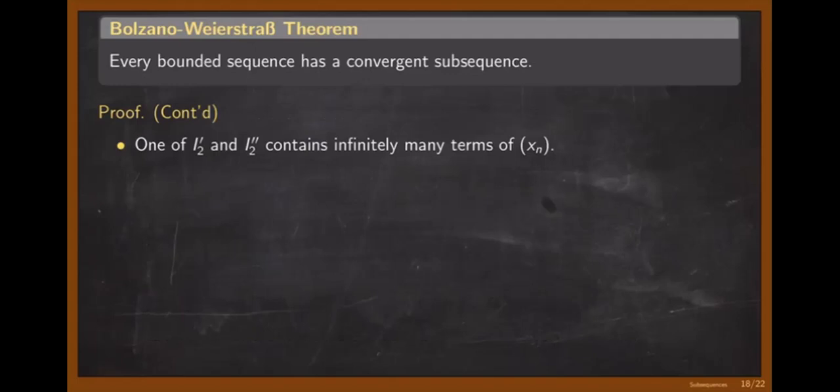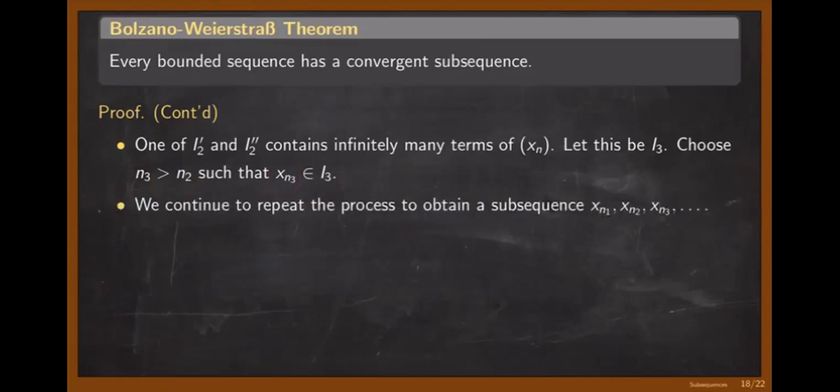In that case, they tie. So, suppose whichever wins, we call it I3. Again, because I3 contains infinitely many terms, you can select one term from I sub 3 whose index is bigger than the old index n sub 2, because you have infinitely many choices. That's the idea. So we just continue to repeat the process, obtaining a subsequence xn1, xn2, xn3.